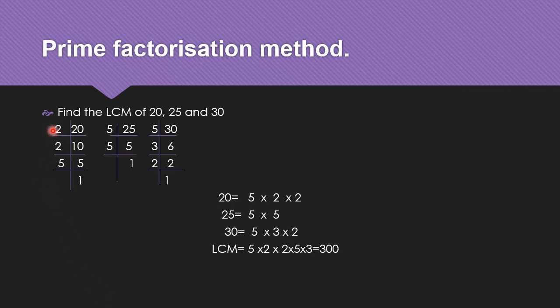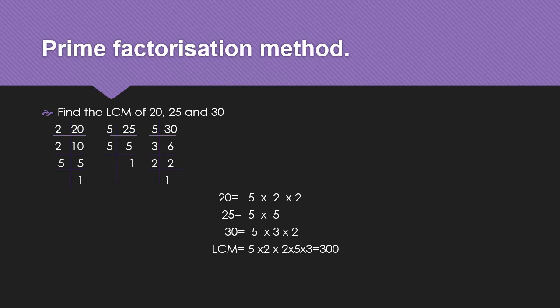For this, first do the prime factorization of 20, then do the prime factorization of 25 and then the prime factorization of 30. Now write all the factors of 20, write the factors of 25 and then write the factors of 30.